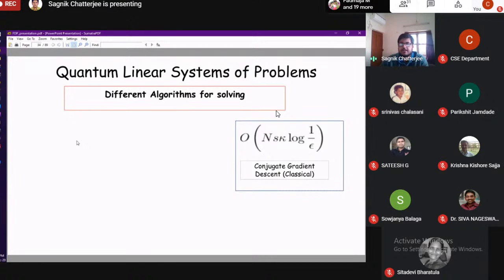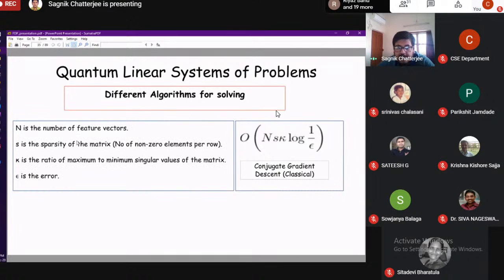But conjugate gradient descent is actually the fastest classical algorithm to solve linear systems of problems. So the time complexity is this. I'll explain briefly what the terms each mean. n is the number of feature vectors or the equations that we are trying to solve. We have already assumed that it's a square matrix. If it's not, it's easy to rectify. We can just introduce dummy variables to make it square.